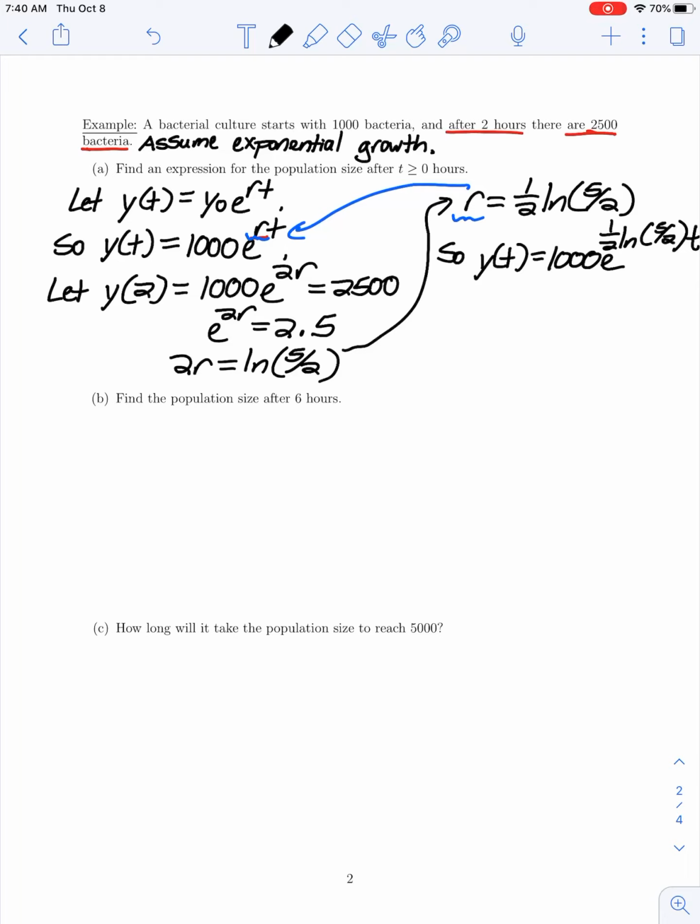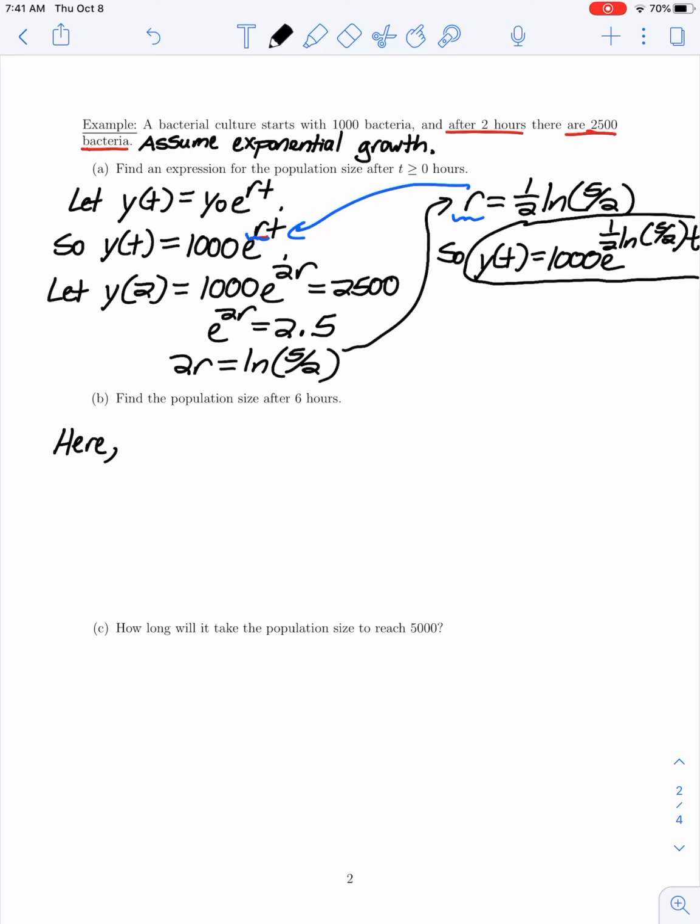All right, so this would be our population size at any given time where t is being measured in hours. Now in part B of this example, we're asked to find the population size then after 6 hours.